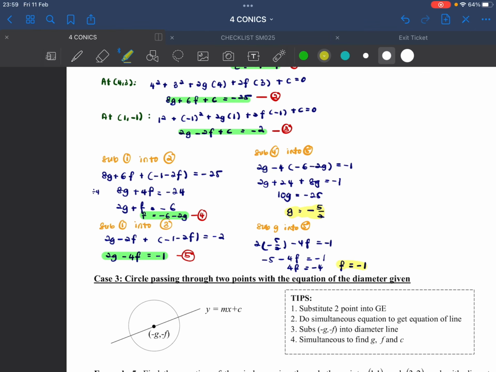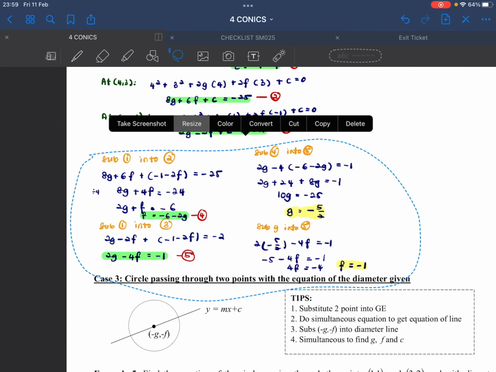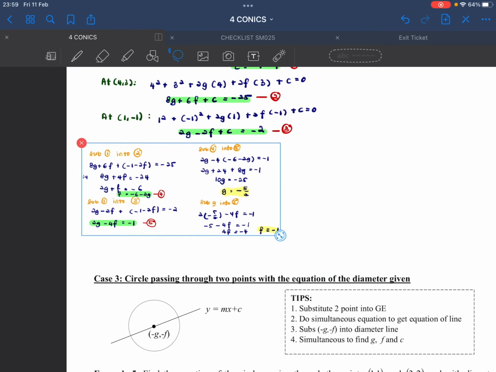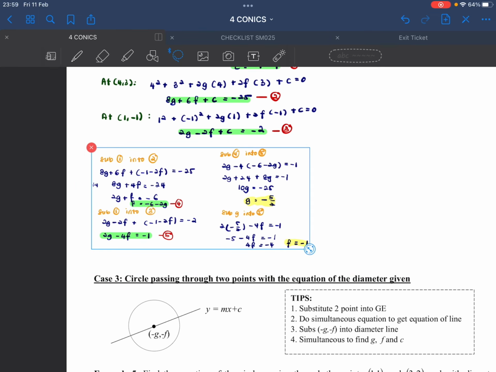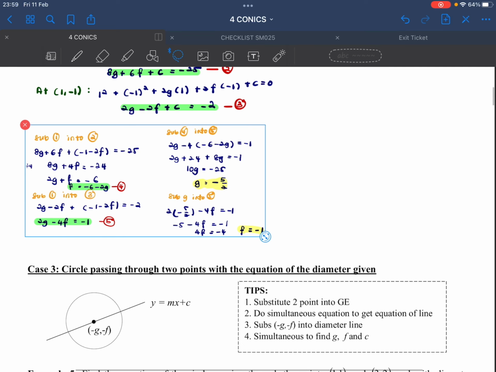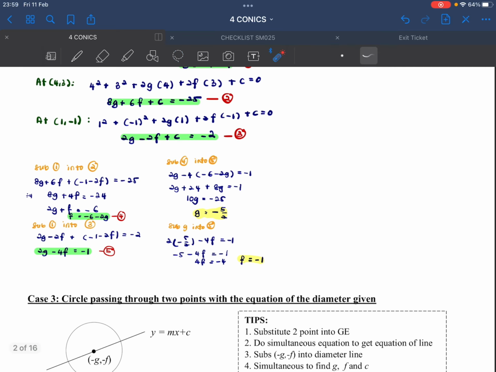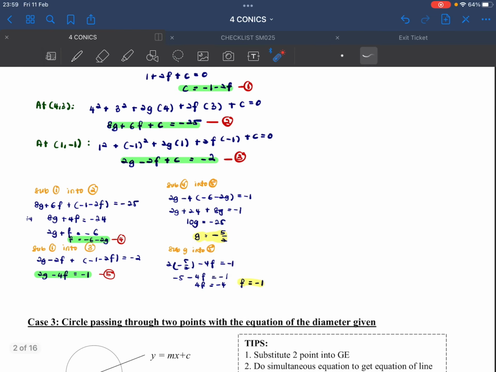Okay, so let's resize that. Alright, so we have our g, we have our f. So the next part is we have to find the c. So basically just substitute our g and f into this equation here. So we have c.